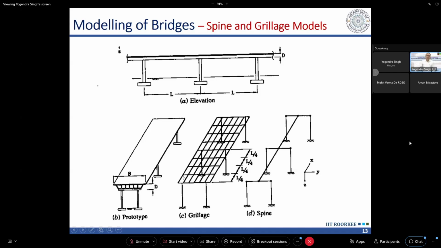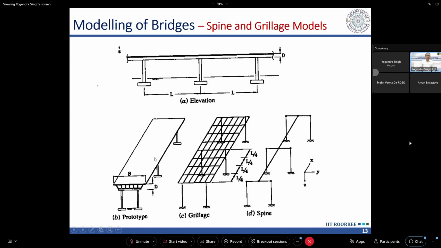And here, because we are having members running in both directions, and the transverse members are representing the slab, we have to avoid that the mass of any component is considered twice. So some of these elements we have to assign with zero density if we are considering the self-load command.